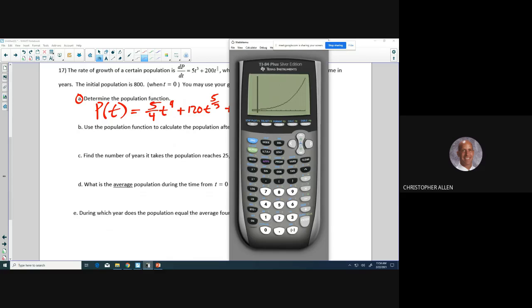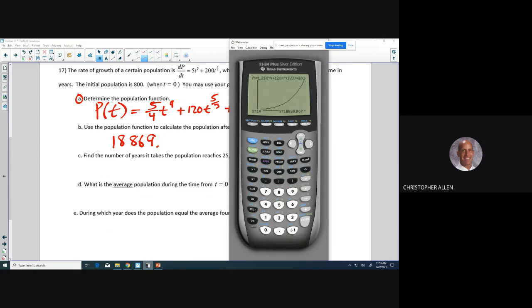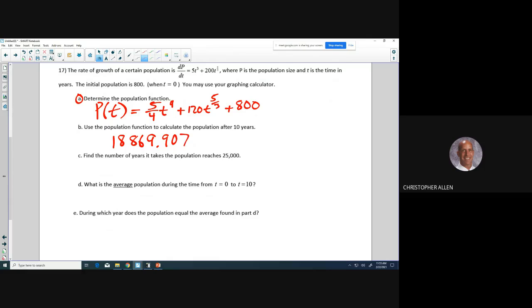If I want to find for part B the population when t is equal to 10, I can just go to second function, calculate, value, 10, and there's the answer: 18,869.907. The units here are population, so I'll just say people.